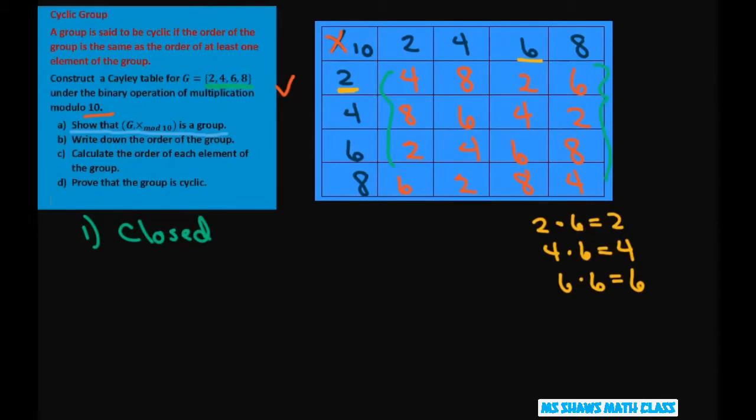And 8 times 6 gives you 8. So our identity element is 6, because that gives you back the original number.